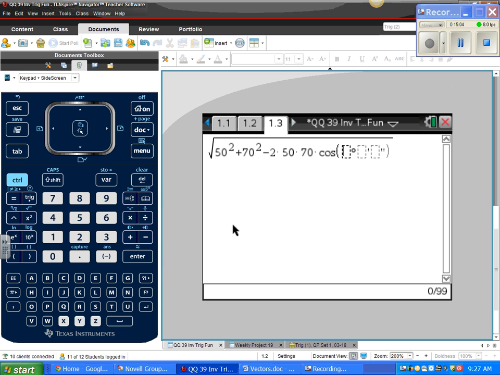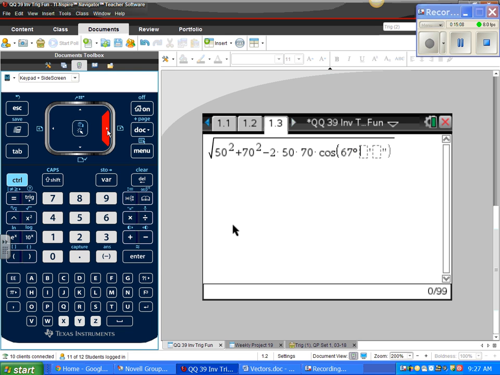Degrees, minutes, seconds. And we've got 67 degrees, 40 minutes, and how many seconds? In the math template key next to the 9. Okay. 68.8, which, rounded to the nearest pound, is 69 pounds.